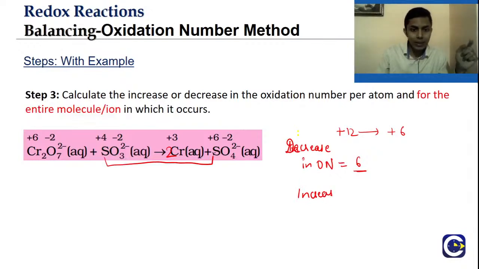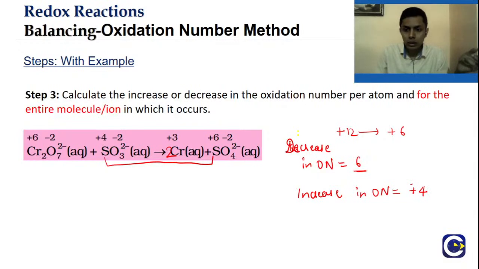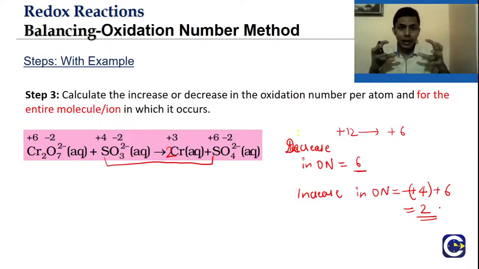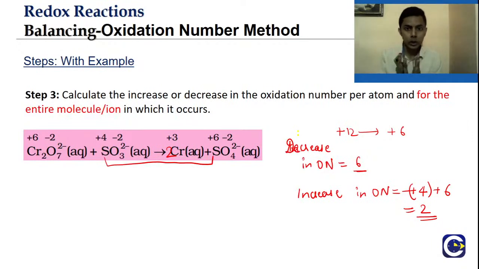Since there is only one sulfur atom, I need not multiply it with anything. Since I have to consider only the difference, plus 6 minus 4, which is 2. So the increase in oxidation number is 2, and the decrease in oxidation number is 6, because chromium is getting reduced. Don't get confused.